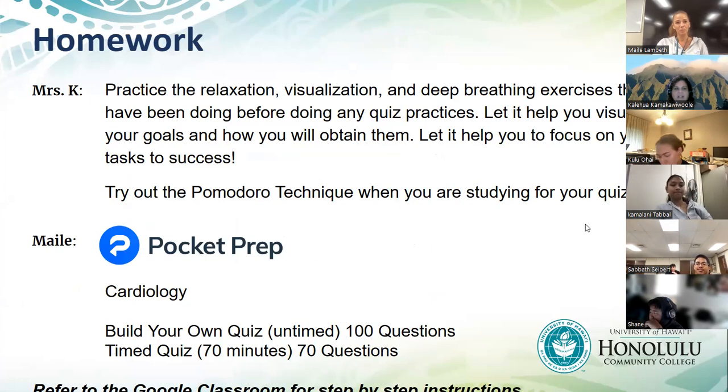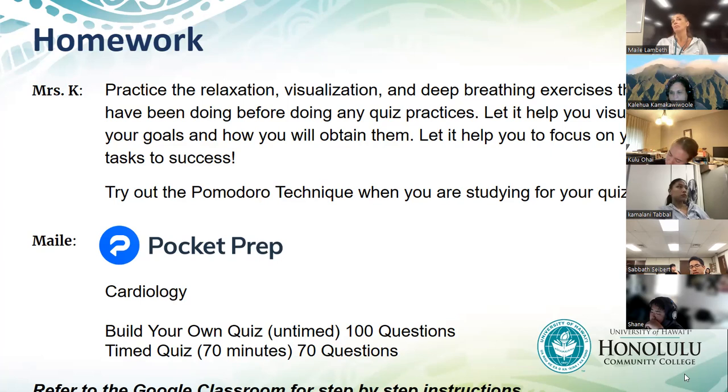Okay, so me first. Practice your relaxation, visualization, and deep breathing exercise that we've been doing before you take your quiz. That'll help you visualize your goals. Try out the Pomodoro technique when you're studying for your quizzes. That's all on my side.